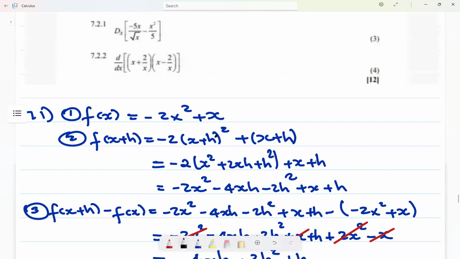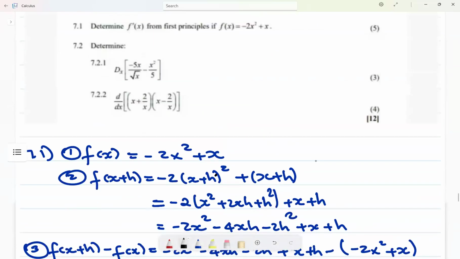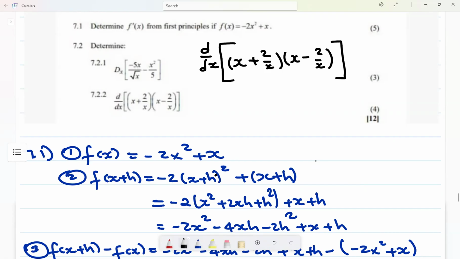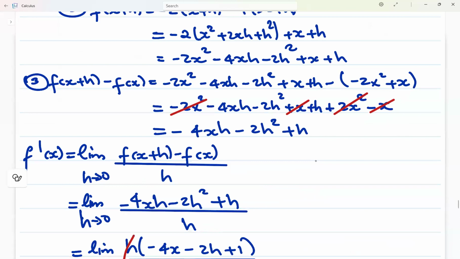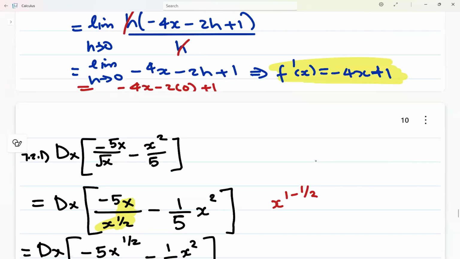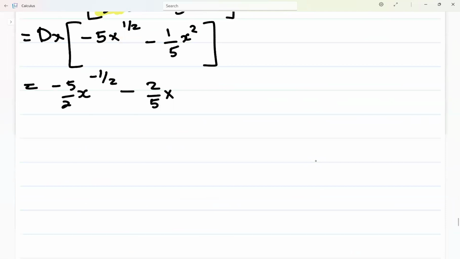Let's look at the last one. We are given d dx of x plus 2 divided by x, like that.